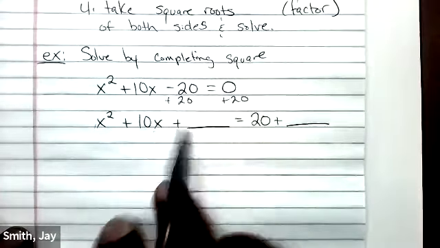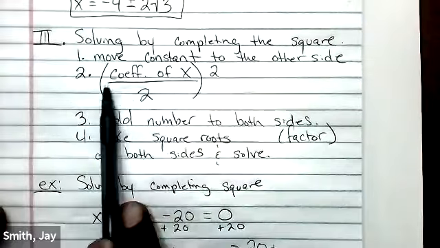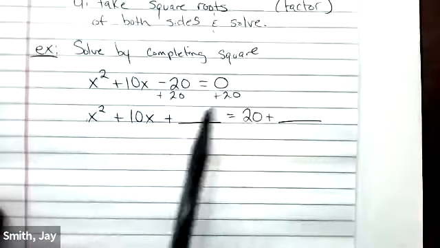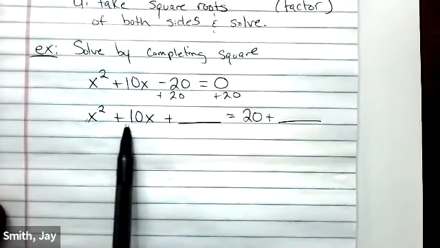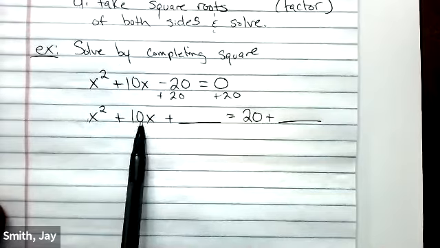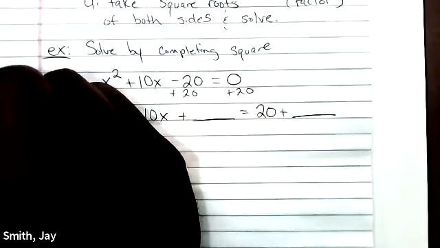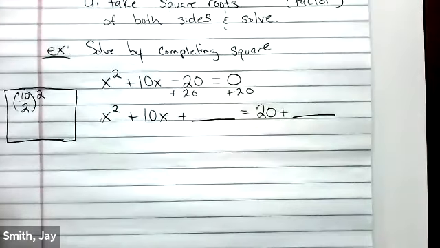All right. So remember, our second step, we're going to take the coefficient of x, divide it by 2, and then square it. That's how we're going to get the number that we're going to add to both sides of our equation. We're going to look for that b term, the number in front of x alone, and generate the right number to make it a perfect square trinomial. So we're going to take that 10, divide it by 2, and square it.